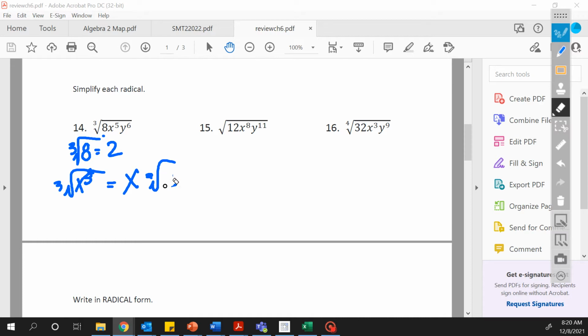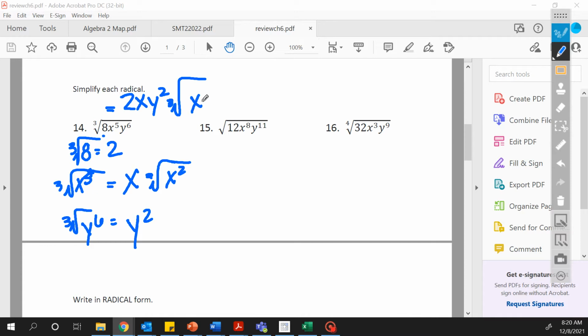For the y's, y to the 6th, if you divide 6 by 3, you just bring out a y squared. So we can bring out a 2, an x, a y squared, but we cannot bring out an x squared. So this would be how number 14 simplifies.